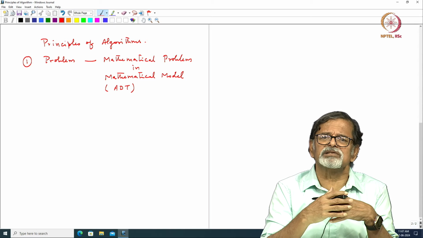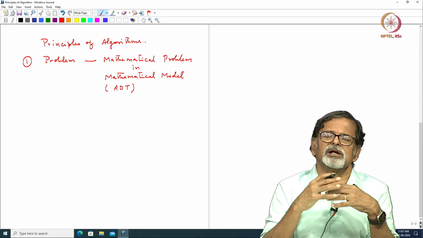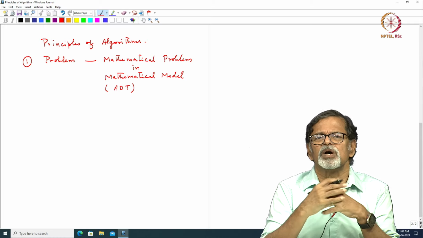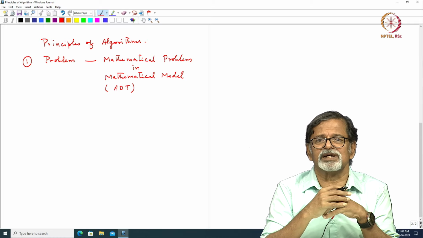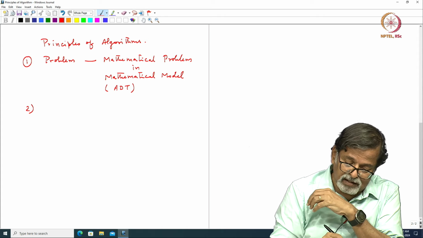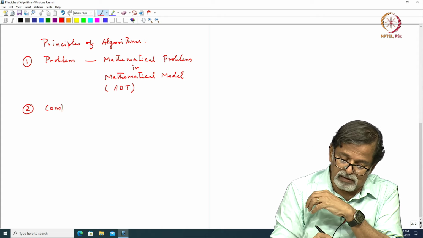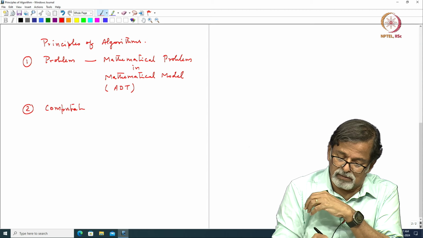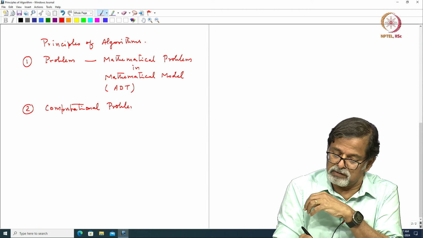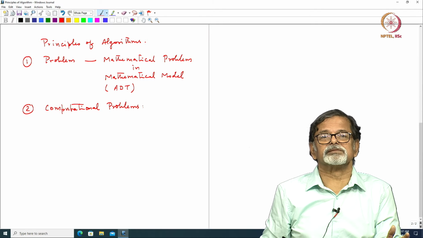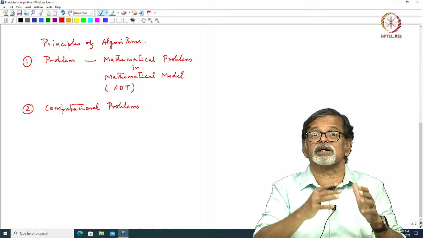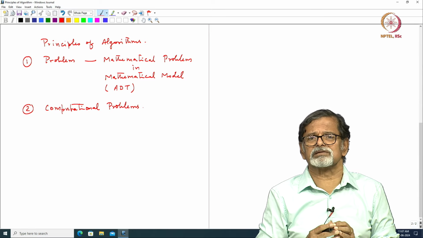In mathematics, by the term problem we mean a broad range of questions. But for computer science we are interested in computational problems. The first principle is about problems and computational problems.